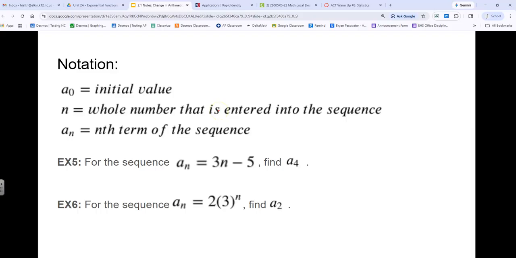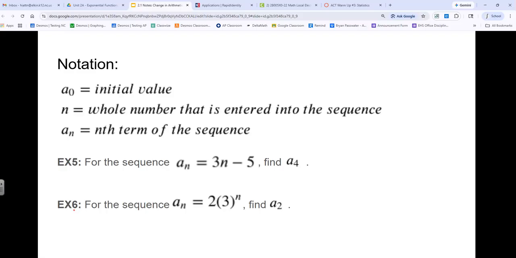So there are a couple ways that sequences can be defined. Both of these for 5 and 6 are explicitly defined. Okay, so these are explicitly defined, which means they have an n in their equation, right?